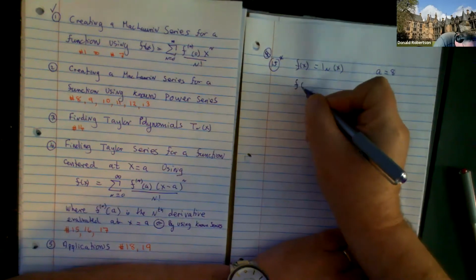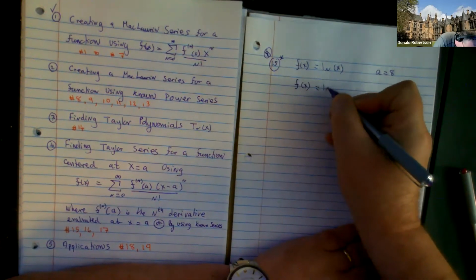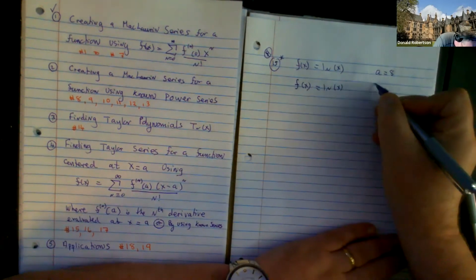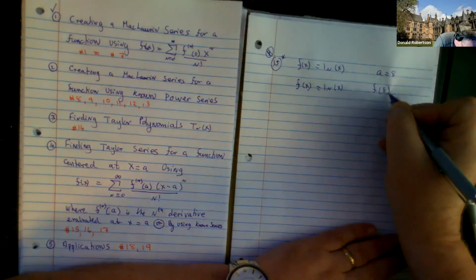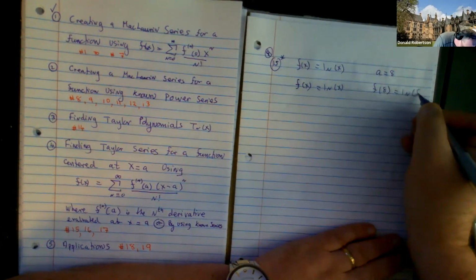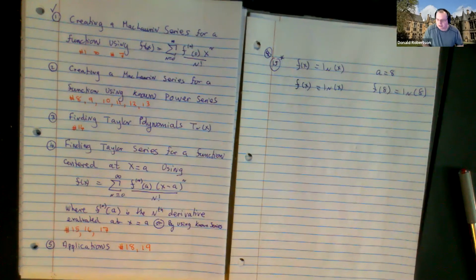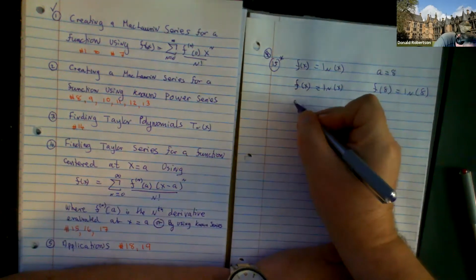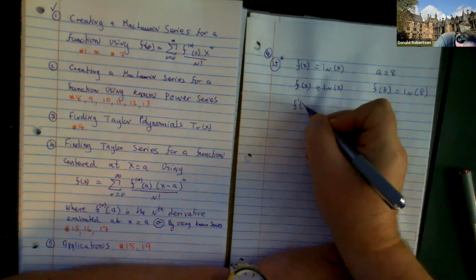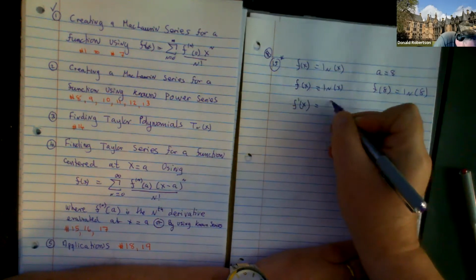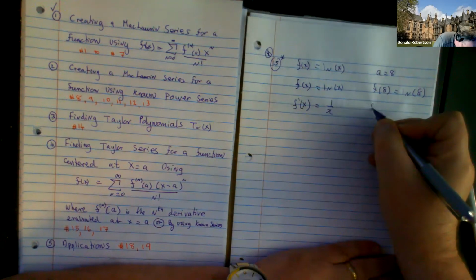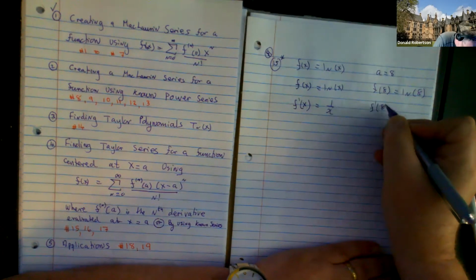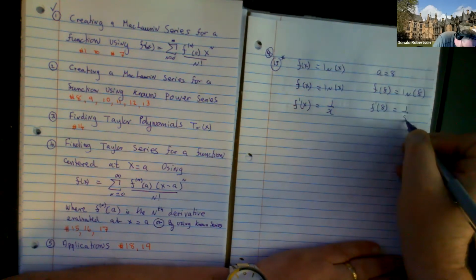I'll start basically repeating myself, which is this guy. And then the function at 8 is the natural log of 8. Okay, that's not bad. Then we find the first derivative, and that's just 1 over x. And so the first derivative at 8 happens to be 1/8.